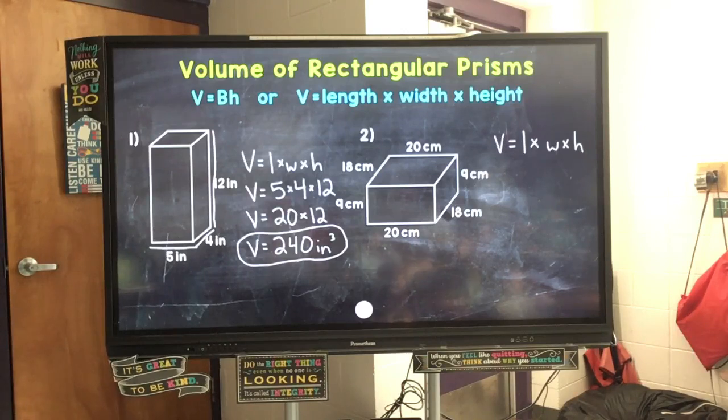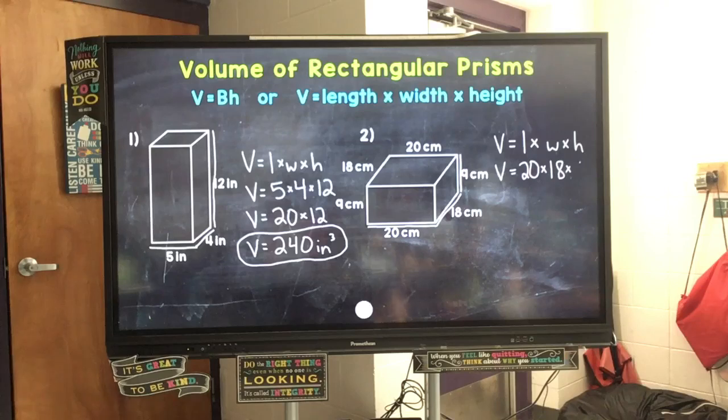So now we need to plug in the length and width of our base. For the length, I'm going to use the longer dimension here of 20 centimeters. And for the width, I'm going to use the shorter dimension of 18 centimeters. So let's plug those in. Volume equals length, 20 centimeters, times the width of 18 centimeters, times the height of 9 centimeters.